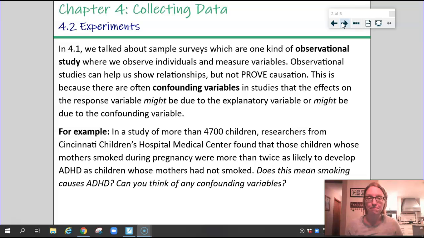For example, what was the mom's diet like during her pregnancy? What was the mom's exercise or physical activity like during pregnancy? What's the mother's socioeconomic or employment status? Could she take prenatal vitamins? Could she afford good prenatal care throughout her pregnancy? All of those other factors are confounding variables that might have had an impact on the results.